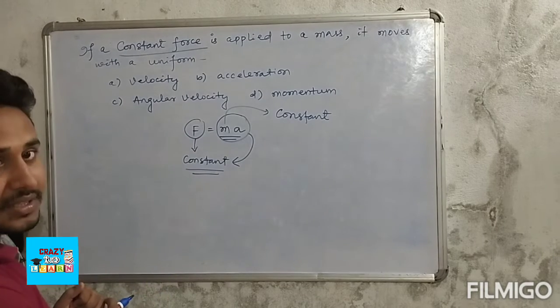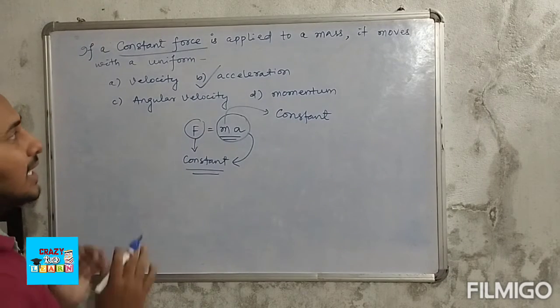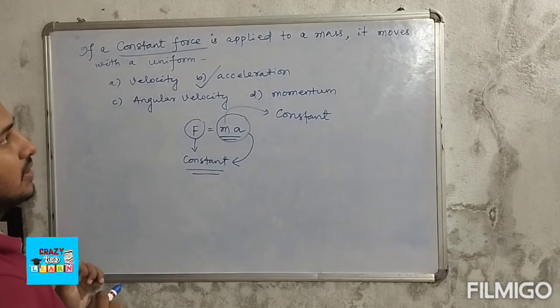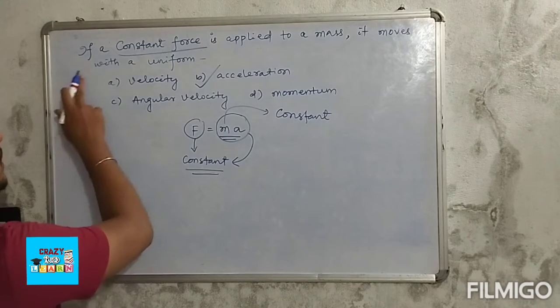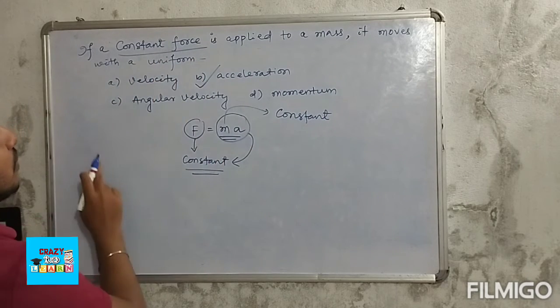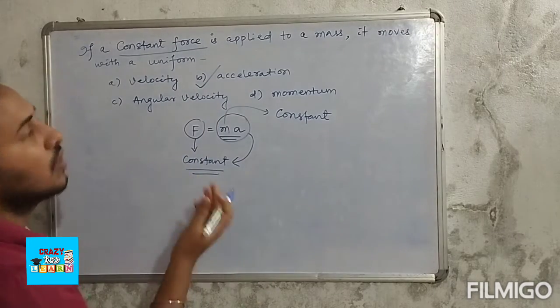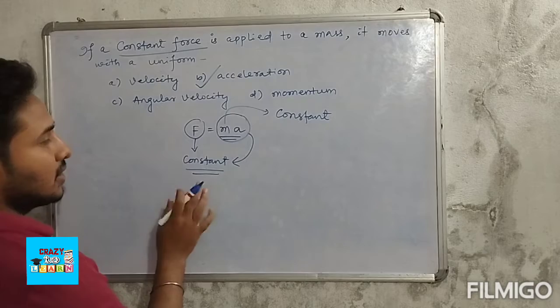So what will be the answer? Second option, B, acceleration is the correct answer. If a constant force is applied to a mass, it moves with a uniform acceleration. Constant acceleration means uniform acceleration. Clear?